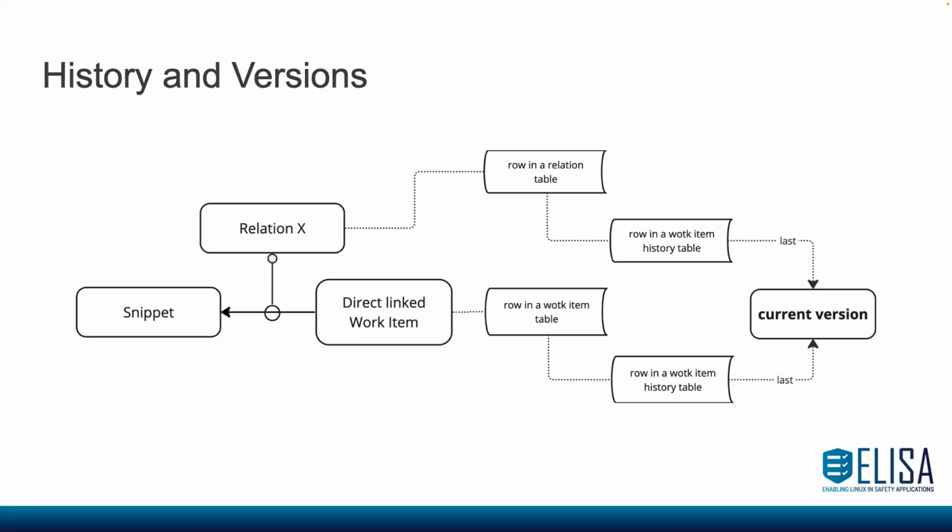So when adding a row in a table, we will use event listeners to populate and edit the history table as well. For example, to know the current version of something, we will query the database looking for the last version of the work item and the last version of the relationship. So we will see a version number like 4.2, where 4 is the version of the work item and 2 is the version of the relationship with its own parent.